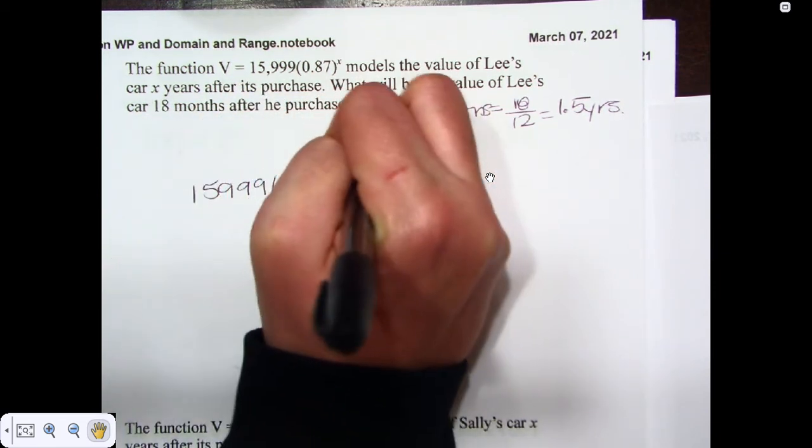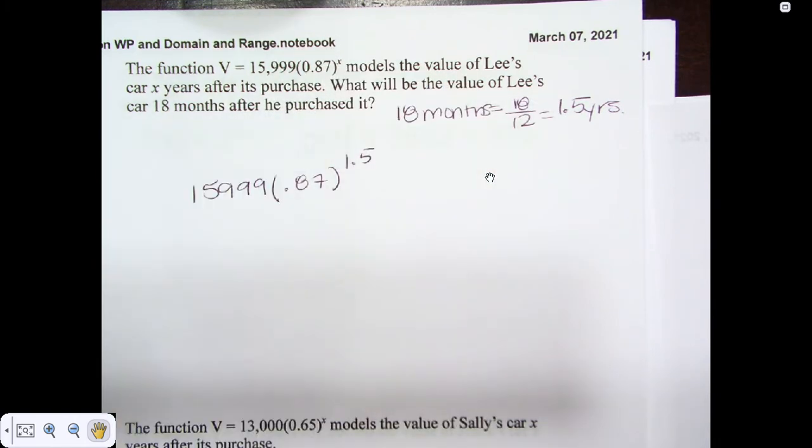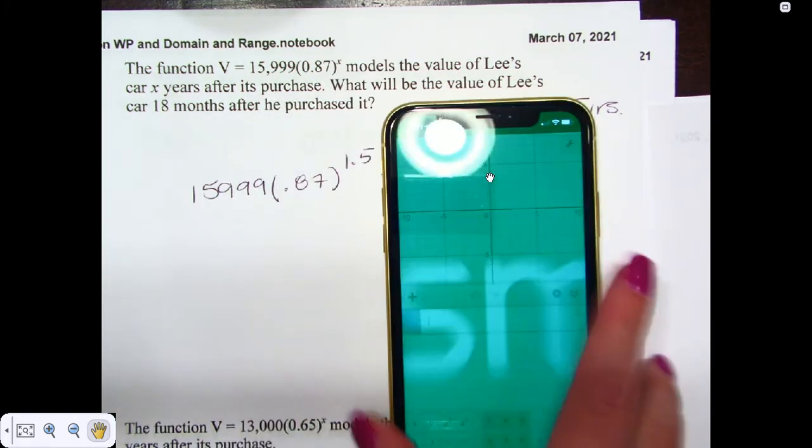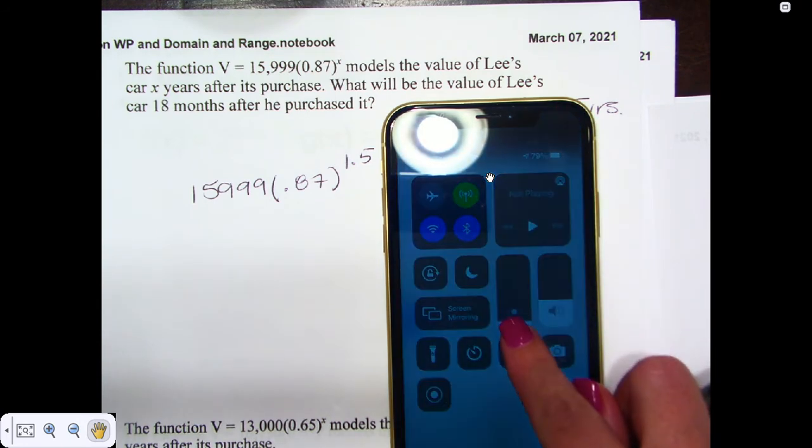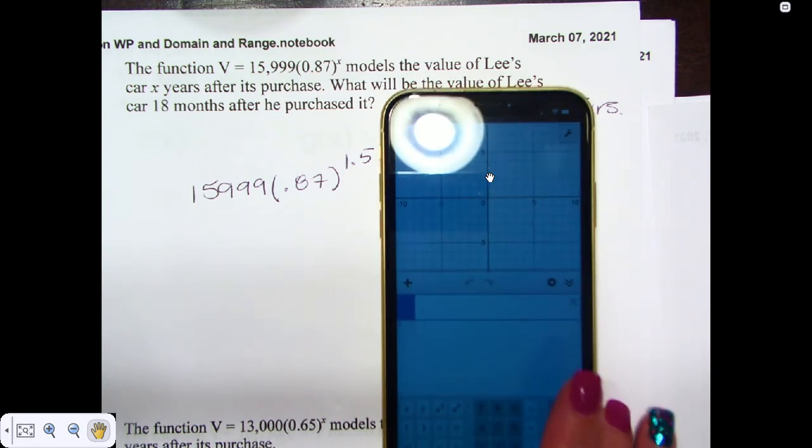So when I'm plugging this in, it's going to be 15,999 times 0.87 to the 1.5, and I will do that in Desmos just to show you. I'll do it on my phone because, like I said, I can't share that screen on the computer for some reason.